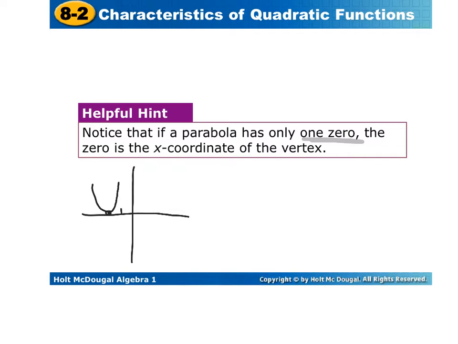So let's say this is the ordered pair -2, 0 for my vertex. Then the 0 is just this number. So when the vertex sits on this line, then your 0 is just this number. But if you're given a graph, you can just count the lines too and see where it is. Does that make sense? That's what they were just trying to explain in the helpful hint.